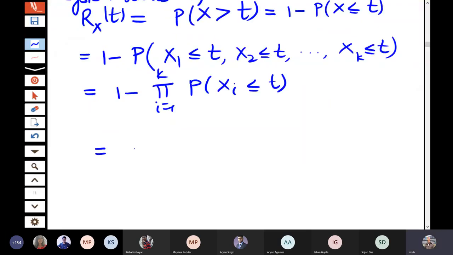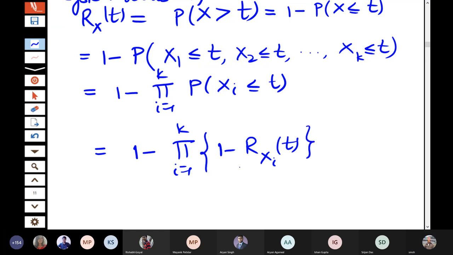So that is nothing but 1 minus the product of the failure probabilities, that is, 1 minus the product of (1 minus the reliability of each component). So this is the formula for the reliability of a system which has components arranged in parallel.